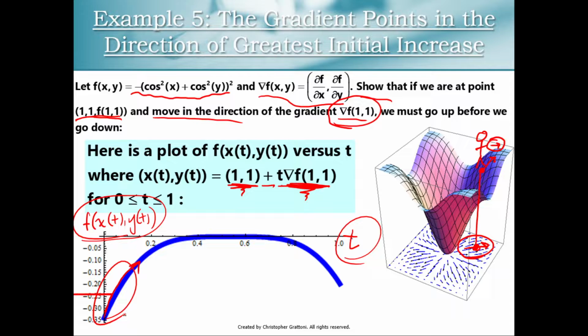Now, the thing that some students find surprising is that if we continue to walk along this line, eventually we start to go downhill again. And the question usually comes up: wait a minute, the gradient points in the direction of greatest initial increase, so shouldn't I be walking uphill forever if I'm following the gradient? And the answer is not exactly, based on how this line was parameterized.